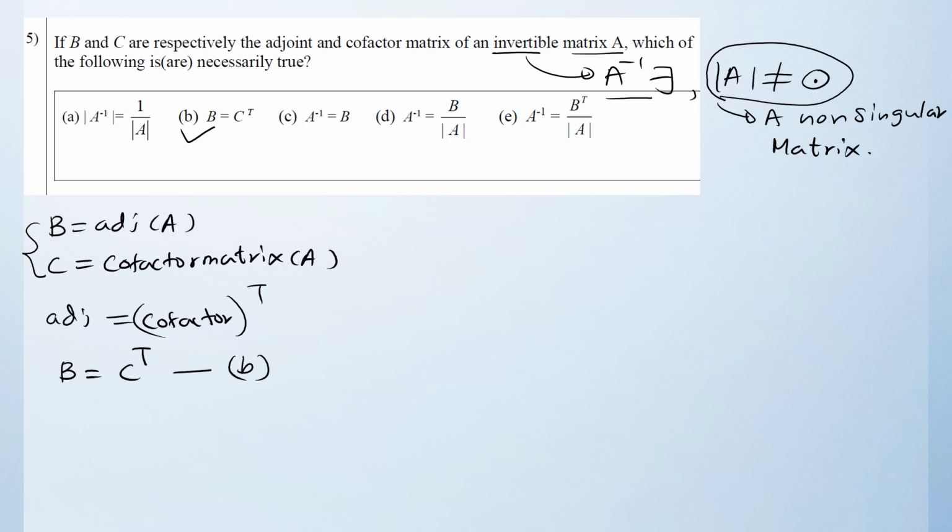All the other relations are based on the inverse of A. So let's find the relationship between the inverse of A and B, C. The inverse of A is given by this formula, 1 over determinant A into adjoint of A. You can replace the adjoint of A by B. So A inverse equals 1 over determinant of A into B. This is D.